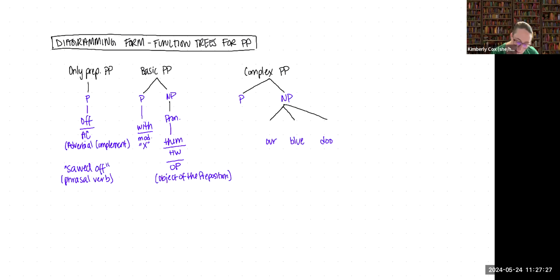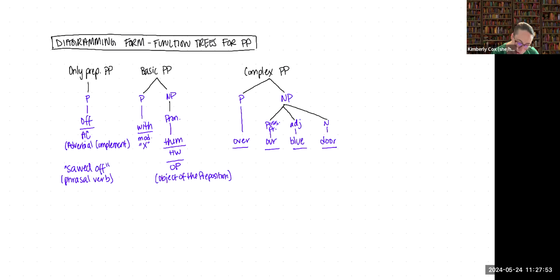Okay. We would have a possessive pronoun, an adjective, right? And a noun, and that would form our noun phrase. And we might say over, and that would be our preposition. So over our blue door.